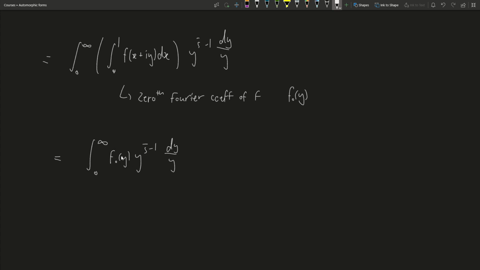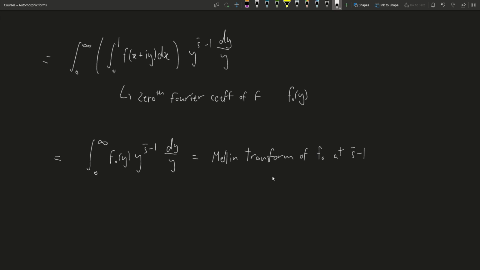And this is the Mellin transform of the constant term of f, evaluated at s̄ minus 1. By definition, right? This is the definition of the Mellin transform. Or you can view this maybe as the Mellin transform of the constant term divided by y, if you prefer.